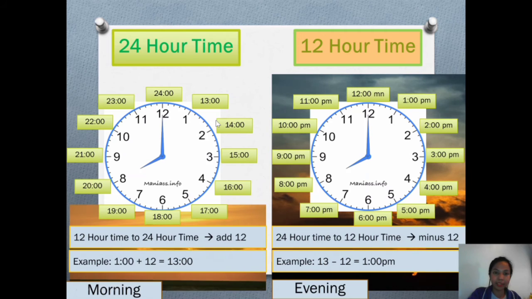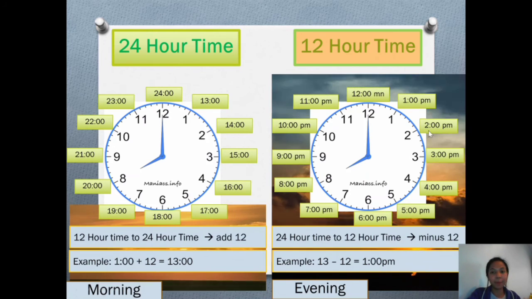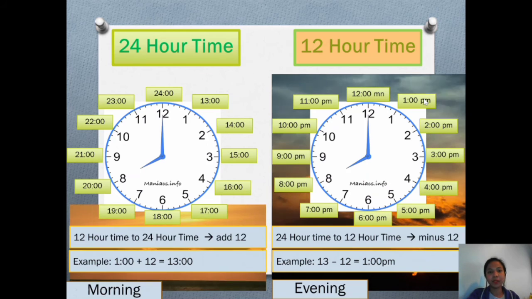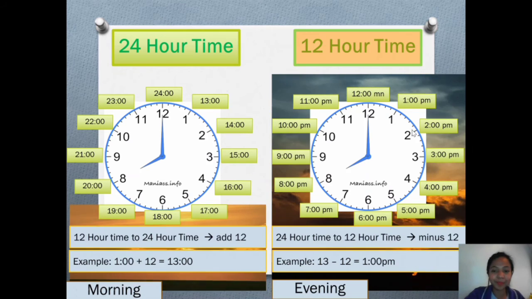Minus 12 equals 1 o'clock. And then PM, because 13 is about afternoon. So just write PM. Understand?